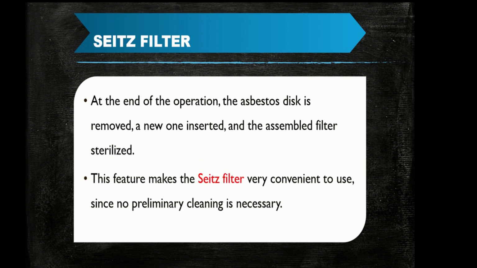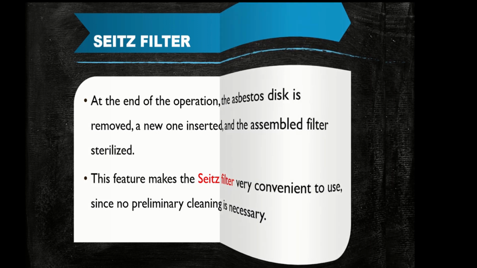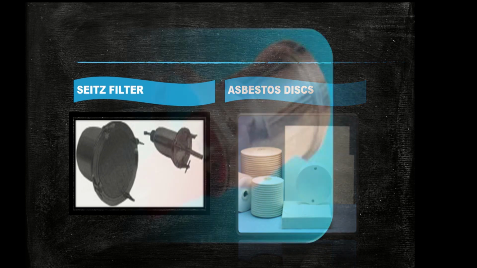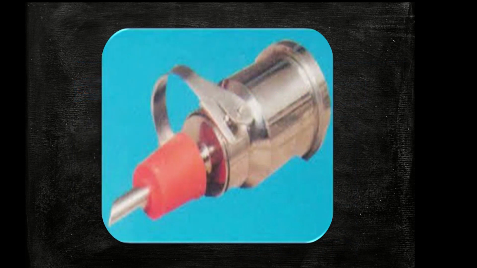This feature makes the Seitz filter very convenient to use since no preliminary cleaning is necessary, because we are using it only one time and cleaning is not required. So you can see here the asbestos disc, and these discs are fitted in the Seitz filter, which are clamped in the Seitz filter. You can see this is the close area of the Seitz filter.